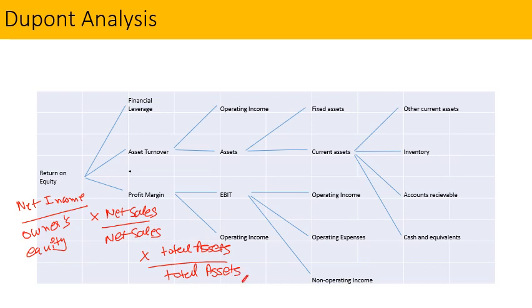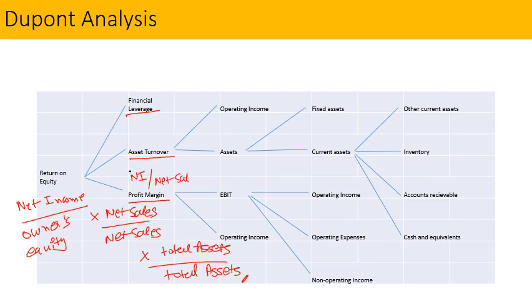Now, why we are doing this is to differentiate return on equity, which is one ratio, into three different ratios, which will be financial leverage, asset turnover, and profit margin. What is profit margin? Profit margin is net income divided by net sales.